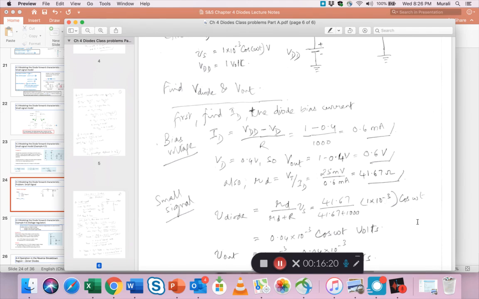So next we deal with the small signal, right? So far we've only looked at the bias voltage, which is the big voltage.